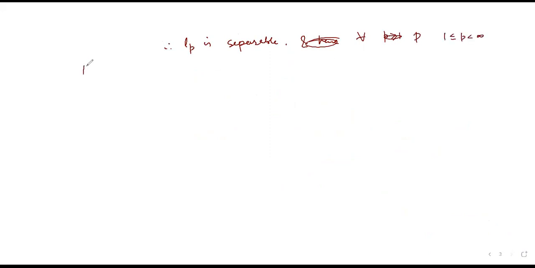Now your home assignment, which is small, you can find it anywhere if you look: L infinity is not separable. So this was about separable spaces. So L1, L2, L3, all these p-th power summable sequences, they are all separable. But L infinity is not, which you can check by a simple argument, nothing much to do.